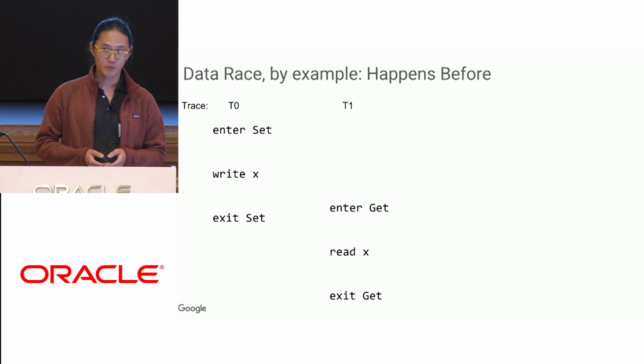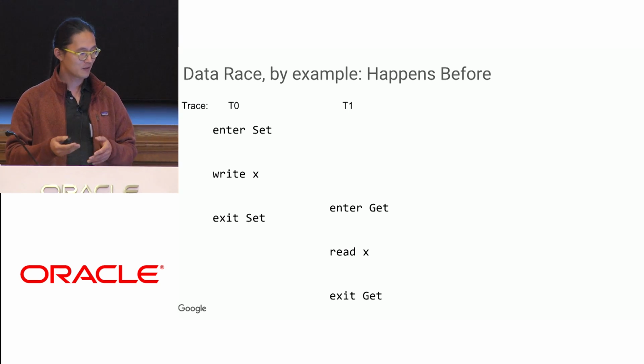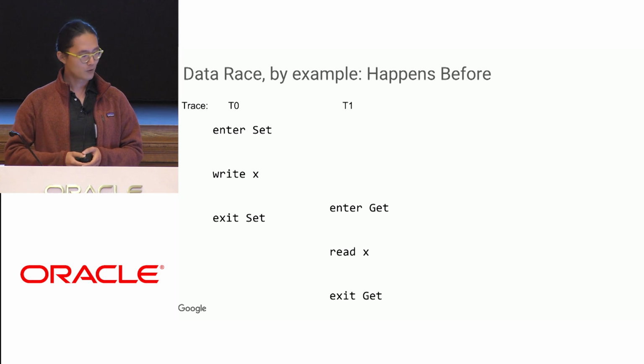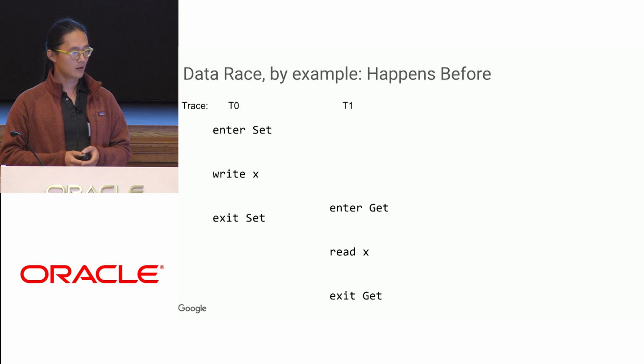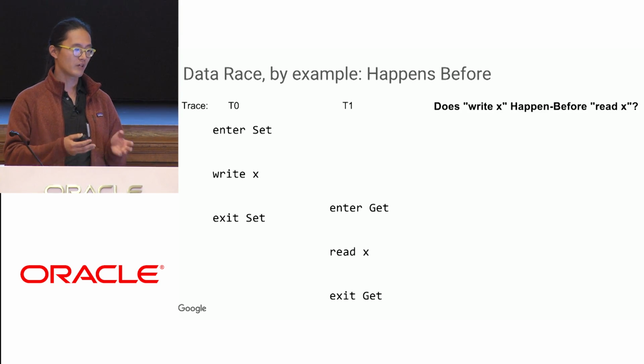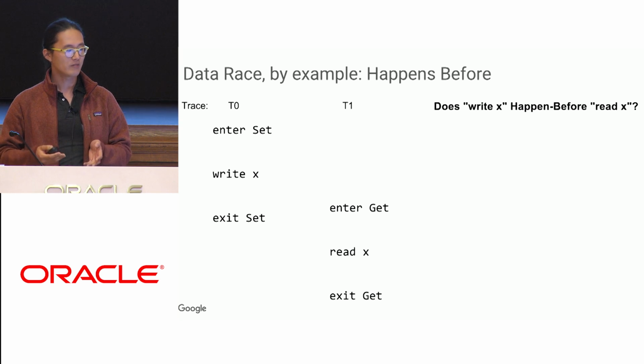To explain what's going on, I do have to talk a little bit about happens-before. We already saw what happens-before is yesterday with John Rose's talk, but let me just set the stage a little bit here. Let's say we have this trace, just like we saw before. The question that we really want to answer is, does the write of x by T0 happen before the read of x by T1?